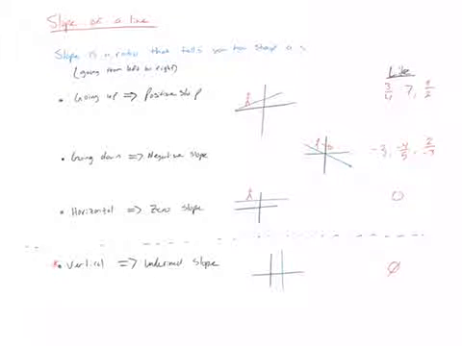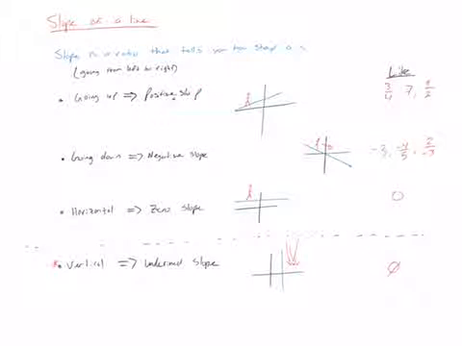Those you don't go up or down, you're just walking on level ground. And then there's vertical lines, where as you walk from left to right, you're actually just falling to your death. That's why we call them undefined slopes, because you can't actually walk on them. And there's another reason as well. But again, this is kind of just a glimpse into the future with undefined slopes of vertical lines.